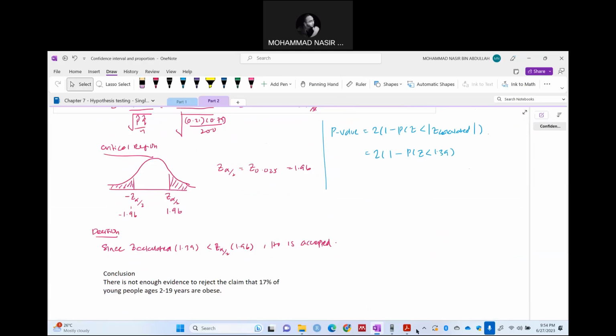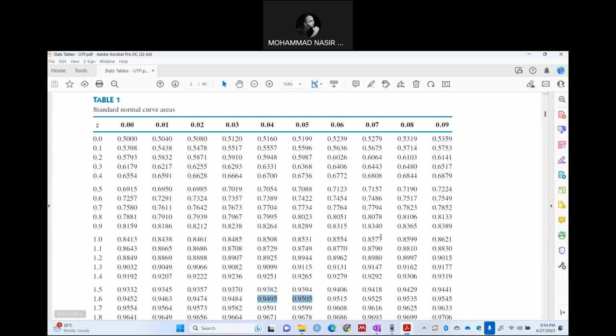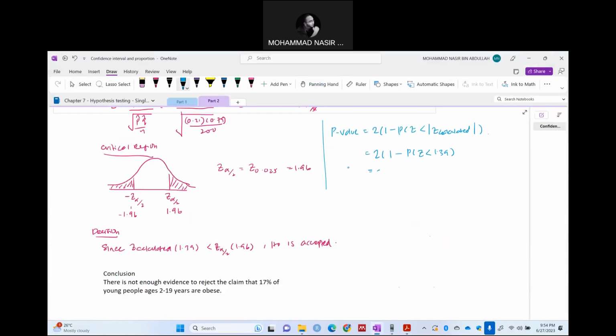So 1.39 should be somewhere here, 0.9177. So this is 2 multiplied by 1 minus 0.9177. It should be 0.1646. Since the p-value is more than alpha, the null hypothesis is accepted.